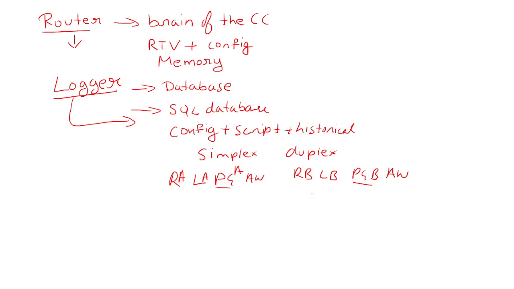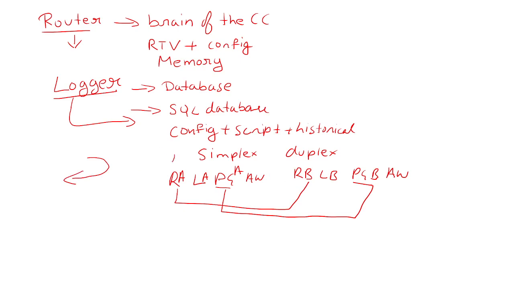Router A and router B are in sync and active. Similarly with the PG, they are also a duplex pair. When a call comes to the contact center, that call is present in both router A's memory and router B's memory.